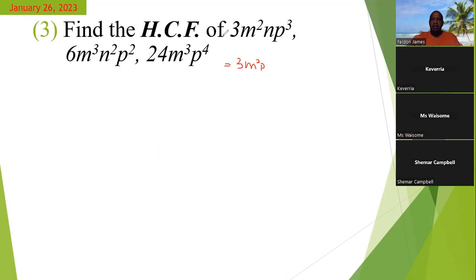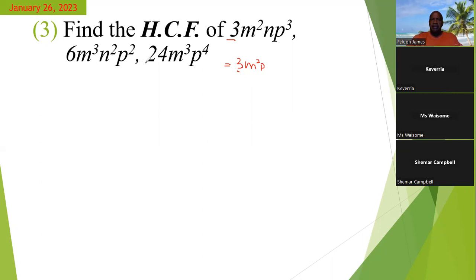For the numbers, the highest number that can go into 3, 6, and 24 would be 3. For the letters, we look at what is common in all three of them. We say m is common, so we choose the lowest power of m to be m squared, correct?